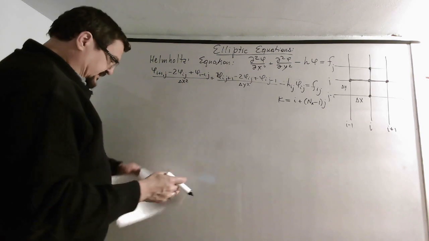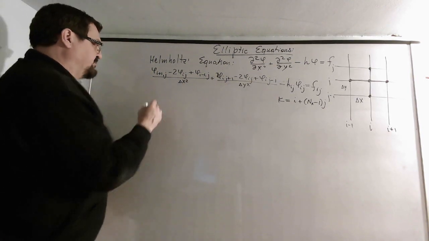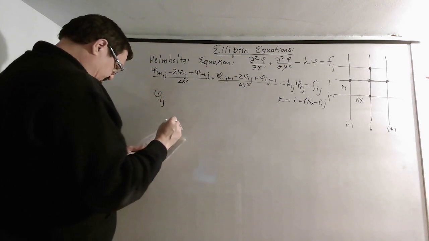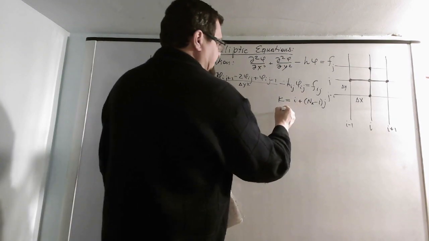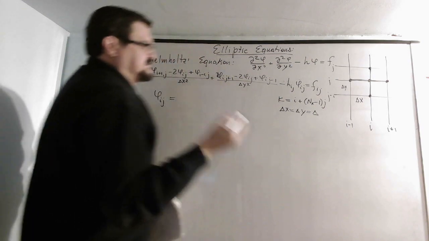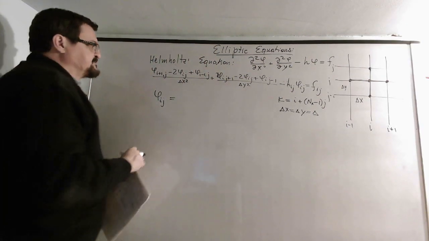For that, first let's rewrite this equation in the following form. Phi ij equals, and also let's assume that delta x equals delta y equals delta, just to make the expressions simple, although it's not critical.